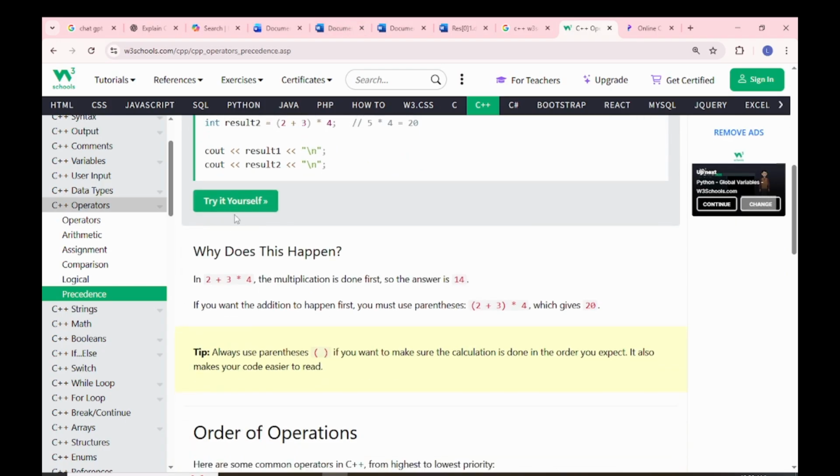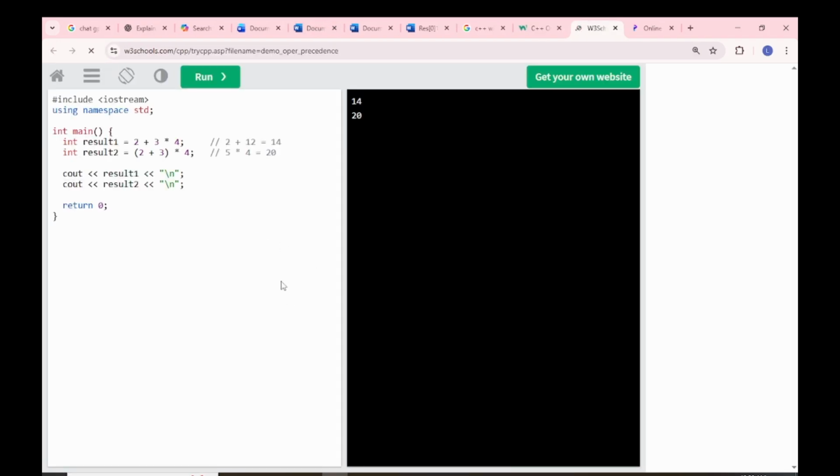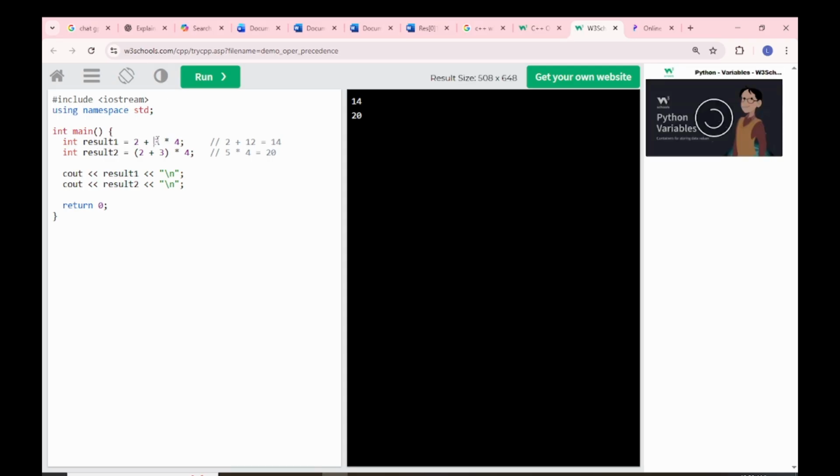So if you see here, integer result 1, 3 into 4 is happening before the addition. So 3 into 4 is 12, 12 plus 2 is 14. Result 2 is 2 plus 3, into 4, so the bracket is considered first, right? So 2 plus 3 is 5, into 4, 20. So cout result 1, result 2.